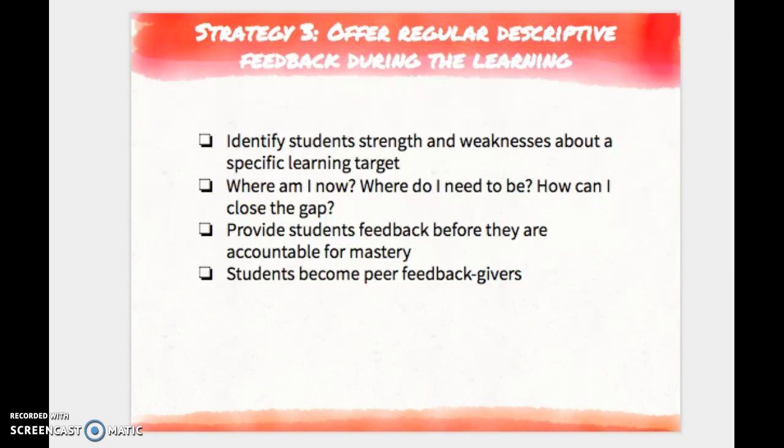I really agreed with the idea of providing students feedback before they are accountable for mastery. I feel that too many times we use our mastery assessments to assess if our students have learned from us or not, but we should be providing them feedback before, so that way they can look at what they are learning and how they can improve in the areas that they need to and how they can close that gap.